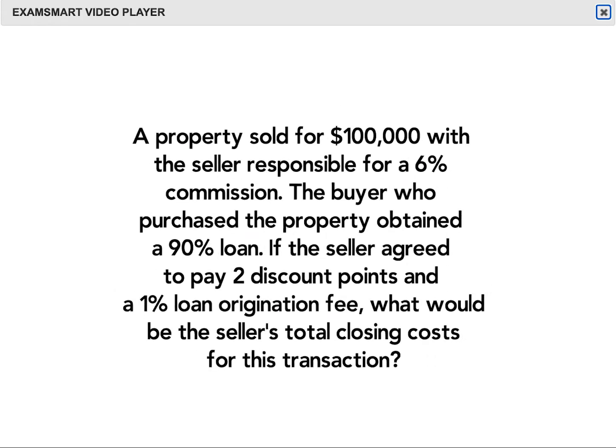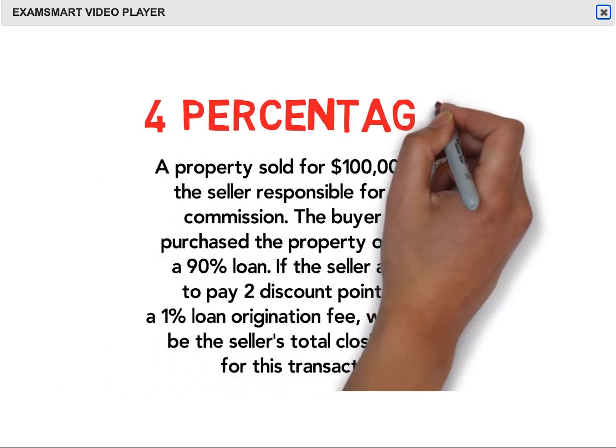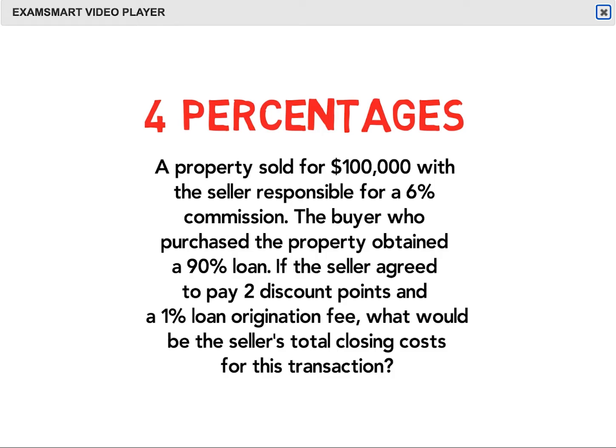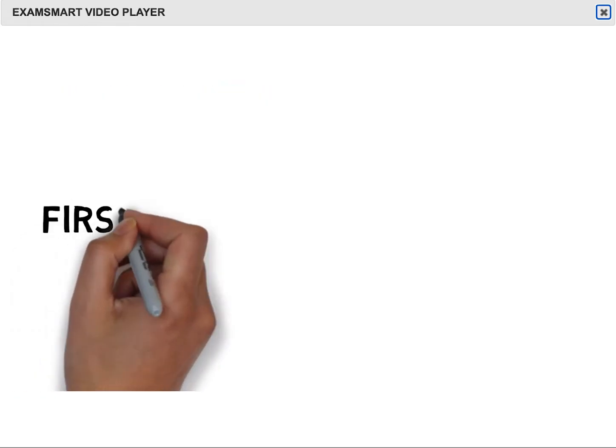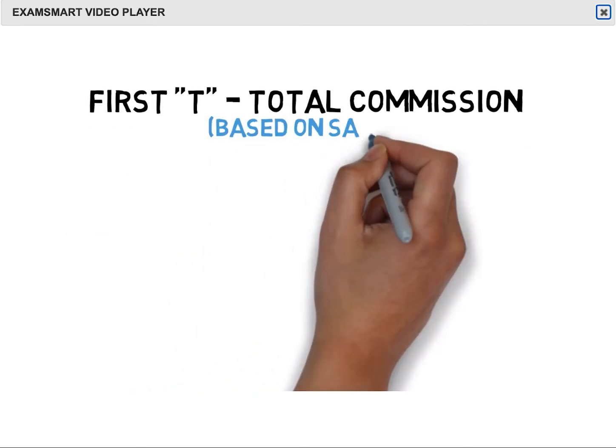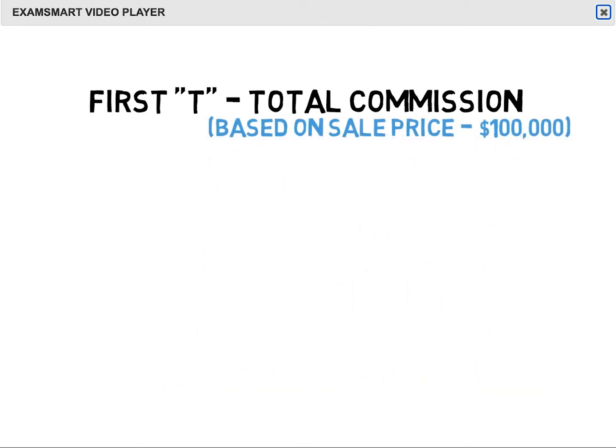In this math problem, we have 4 percentages given to us, which means we draw 4 T's. Let's begin and figure out first off the total commission that the seller has to pay, because we're looking for the seller's total closing cost. Commission is based upon the sale price, which is $100,000.